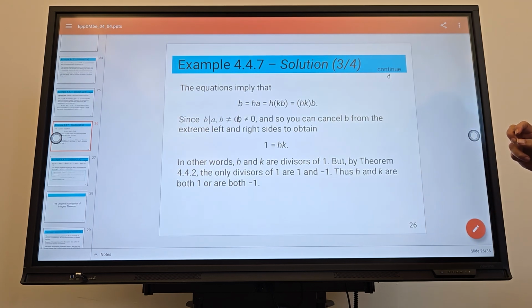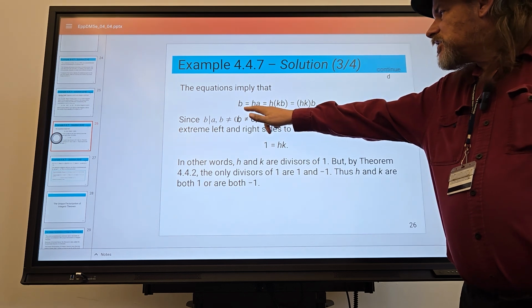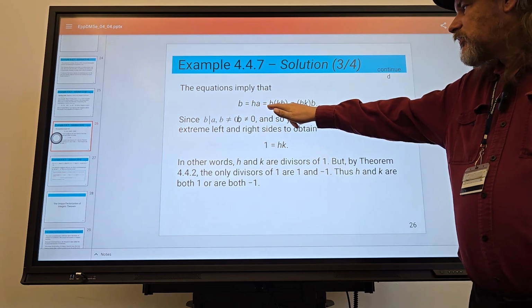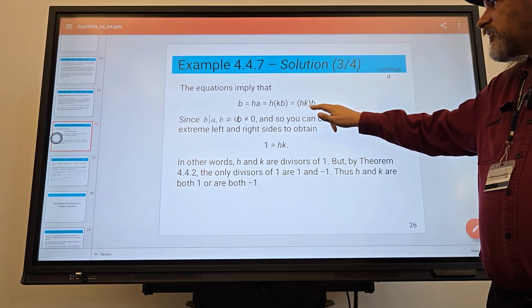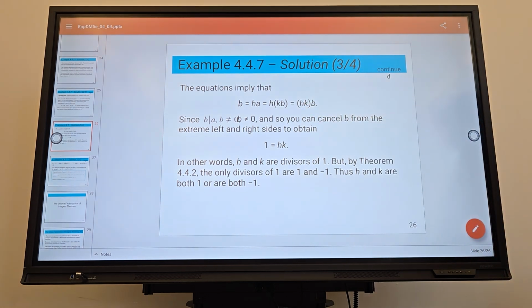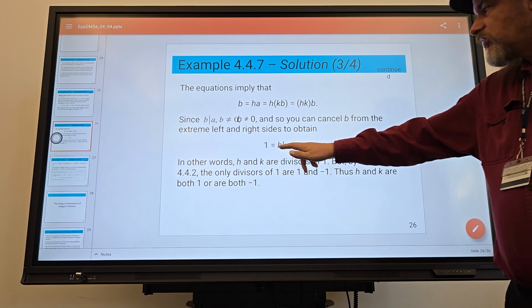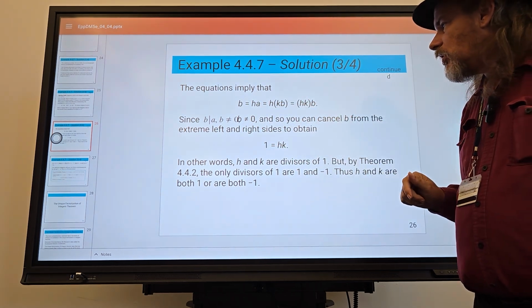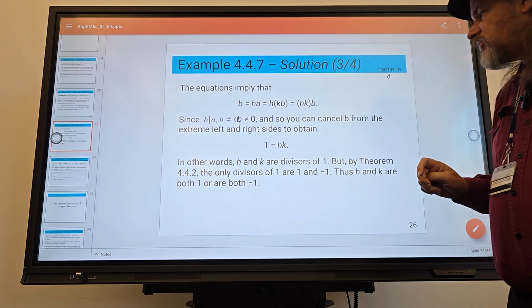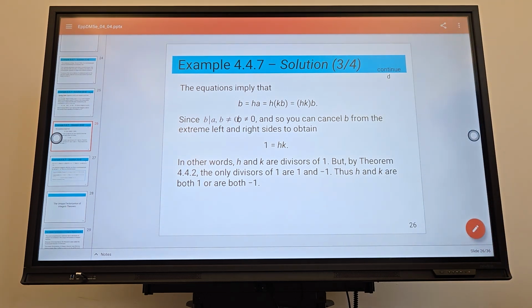So this implies that b equals ha, which is hkb, which equals hk times b. b can't be 0. So 1 equals hk. Divide both sides by b. So h and k are divisors of 1.